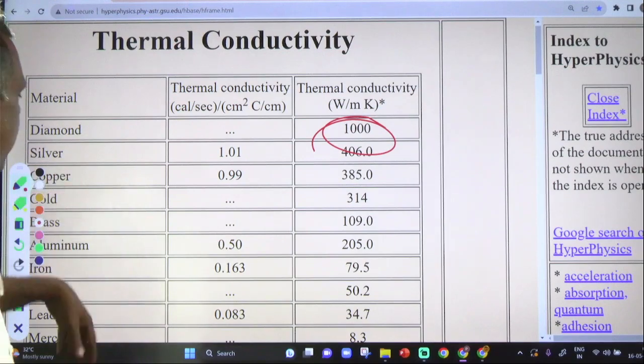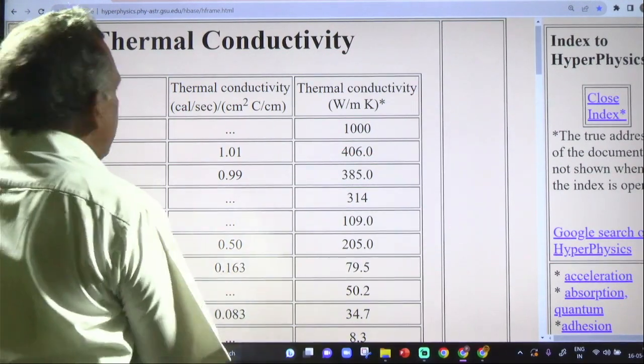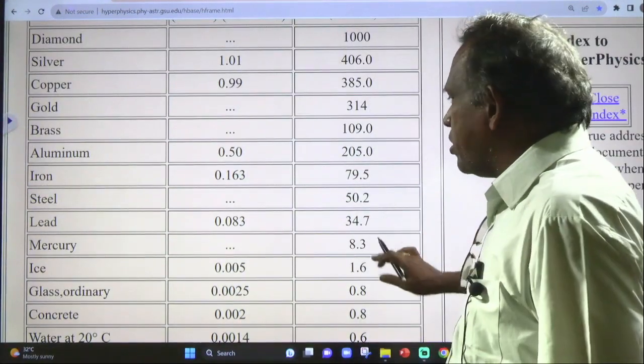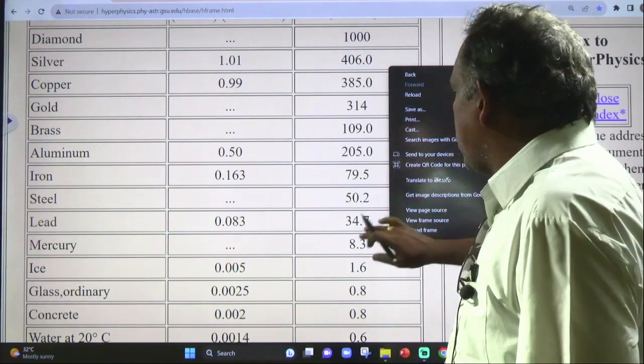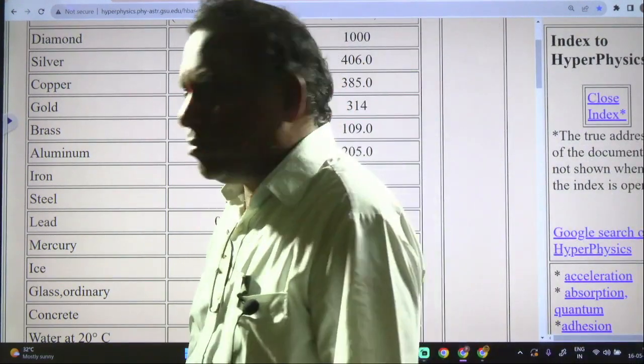Different materials have different values. Steel thermal conductivity is 50.2. Like that you can find out the thermal conductivity of different metals.